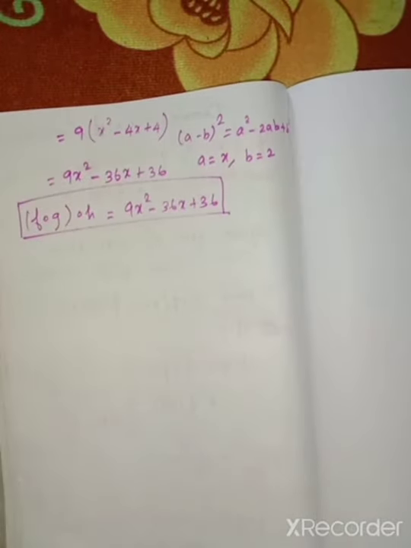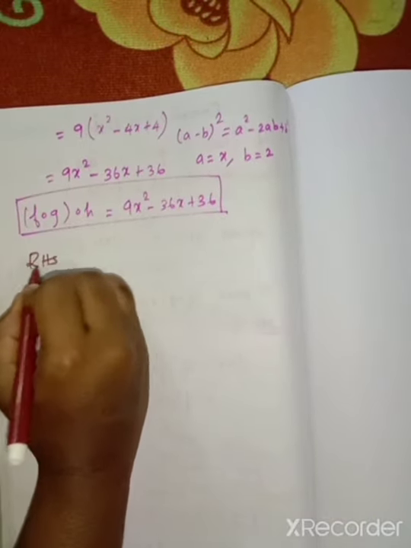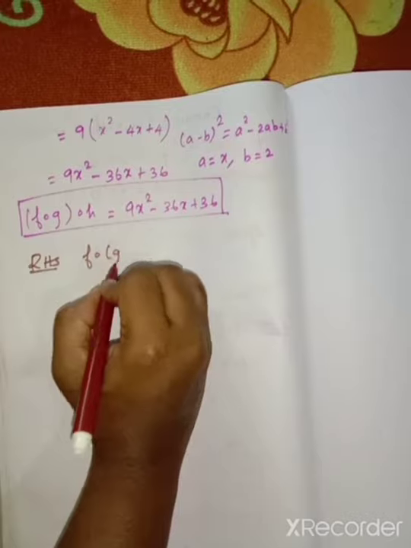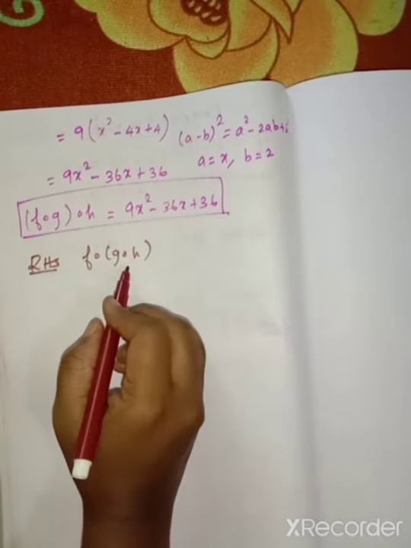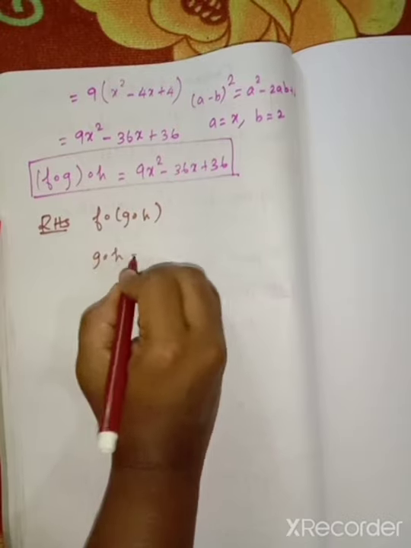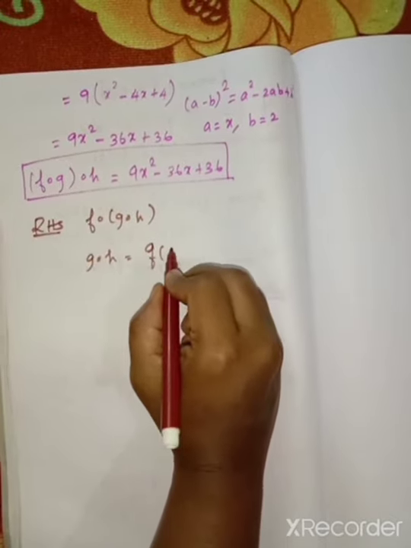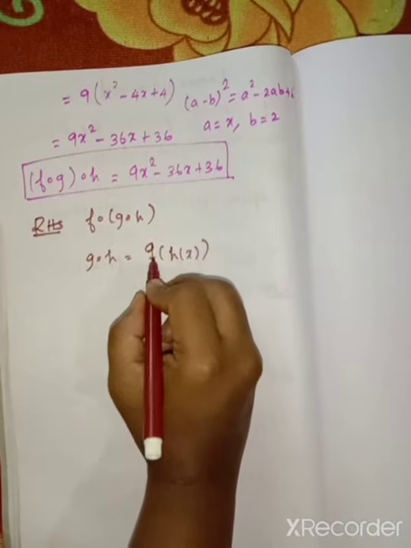Likewise we want to solve the right hand side. So the right hand side is given as f of g of h. Here we have the bracket inside, that is g of h. So g of h is written as g of h of x.